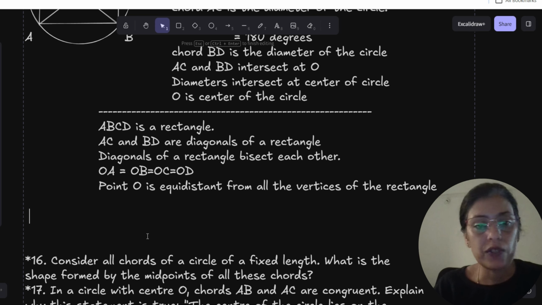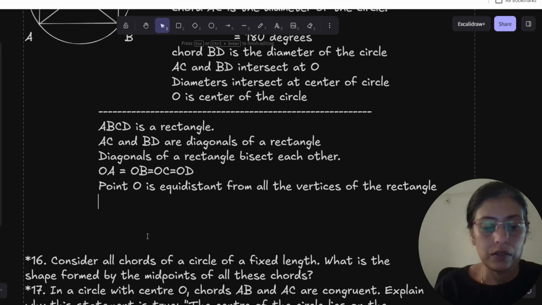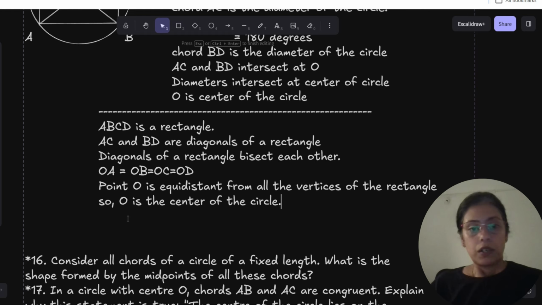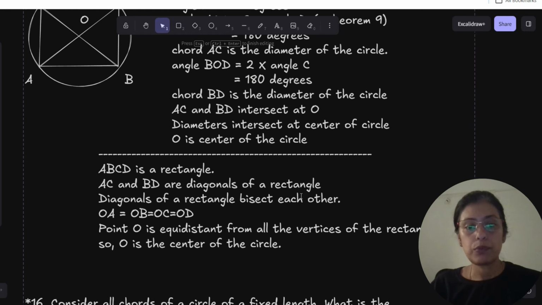So that is why we can say O is the center of the circle, right? So we can prove it with any of the two.